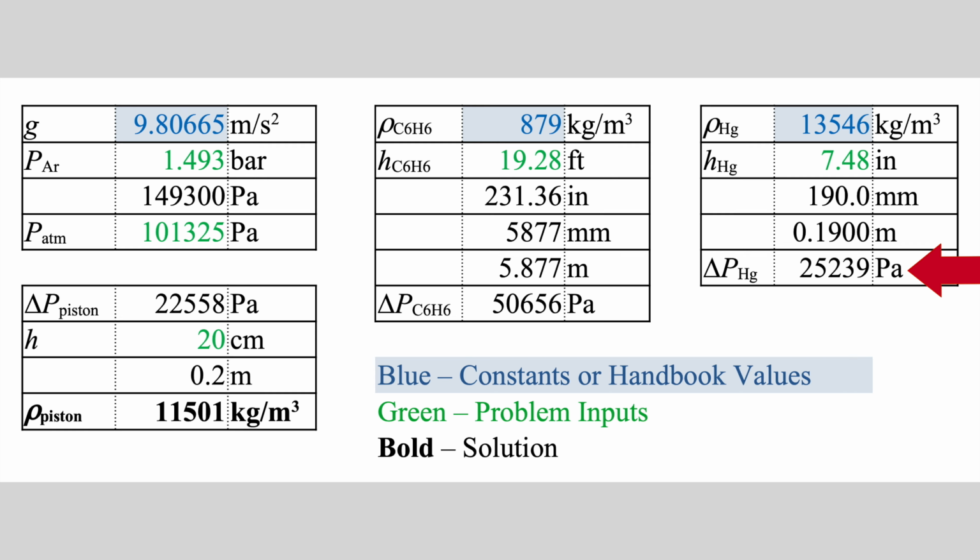We could also have done this calculation by using the conversion that 760 millimeters of mercury is equal to 1 atmosphere, or 101,325 pascals. We then calculate delta P of the piston, from which we get that the density of the piston is 11,501 kilograms per meter cubed. There's no reason to carry that many significant figures, so 11,500 is quite sufficient.